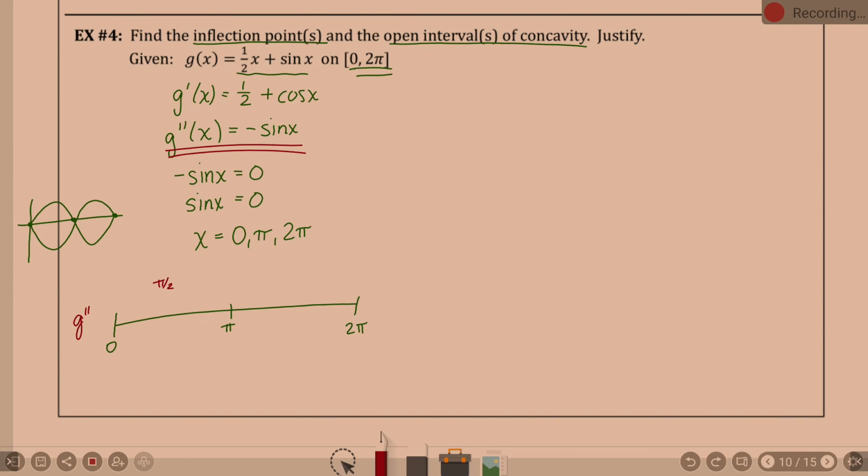Sine of pi over 2 is 1. The negative of that makes it negative 1. So here we're talking negative, and negative is concave down.